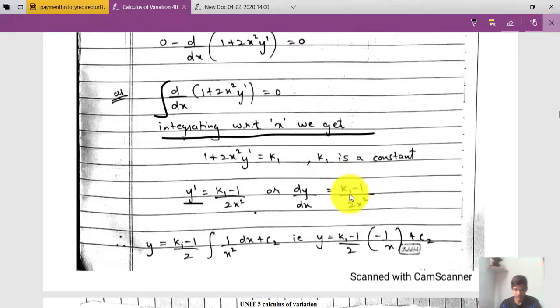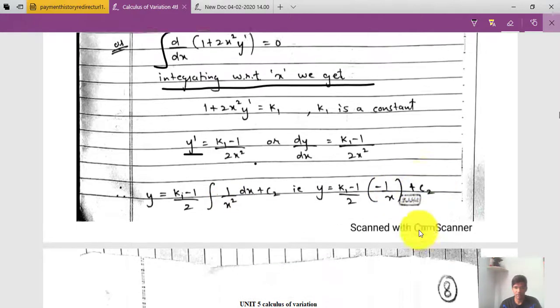Since k1 minus 1 is a constant, on integrating with respect to x, I get y equal to (k1 minus 1) divided by 2 times the integration of 1 divided by x² dx plus c2, and y is equal to (k1 minus 1) divided by 2 times (minus 1 by x) plus c2.